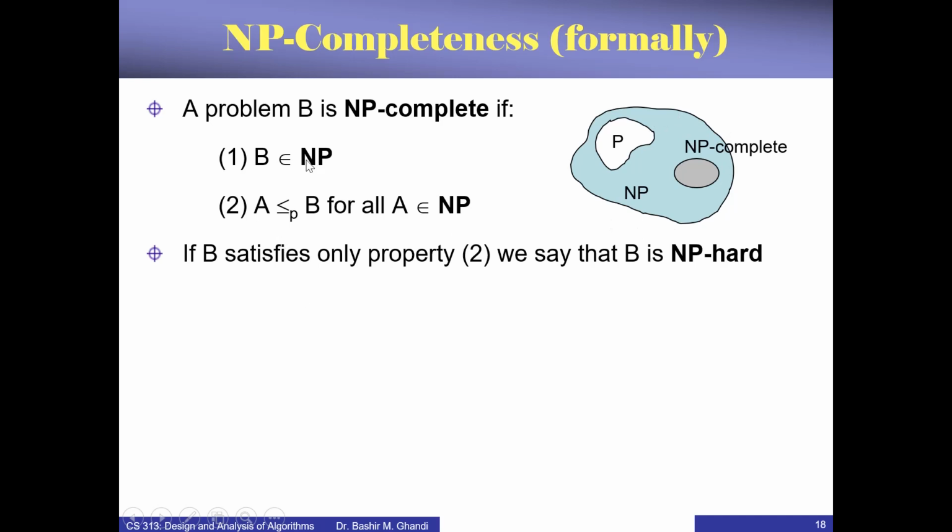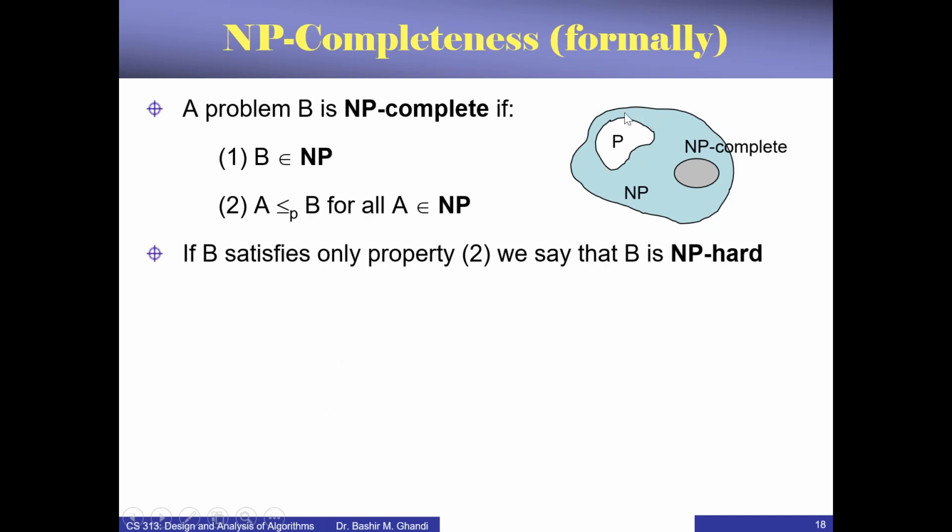They don't belong to NP. And in addition, all problems in NP are easier than them. In that case, such a problem is called NP-hard. I hope now the 4 classes are clear.